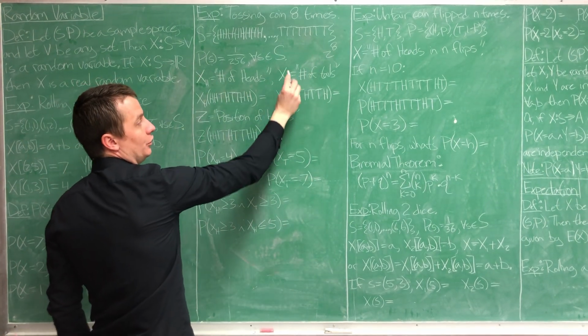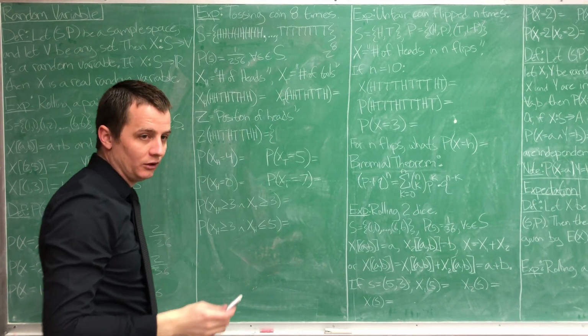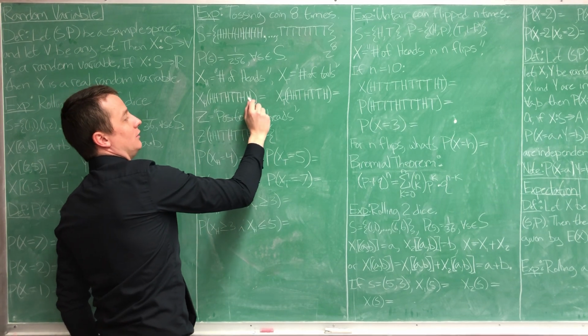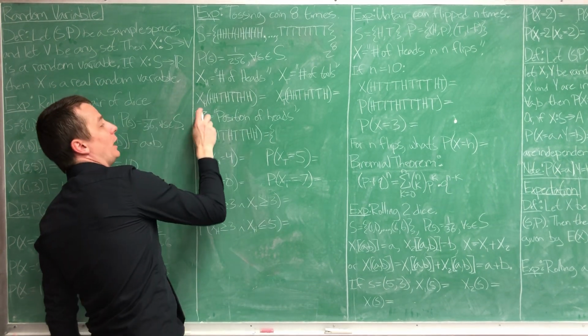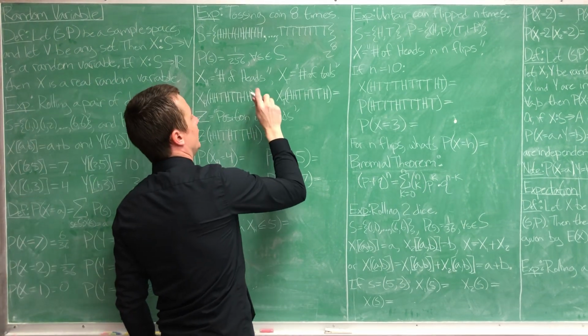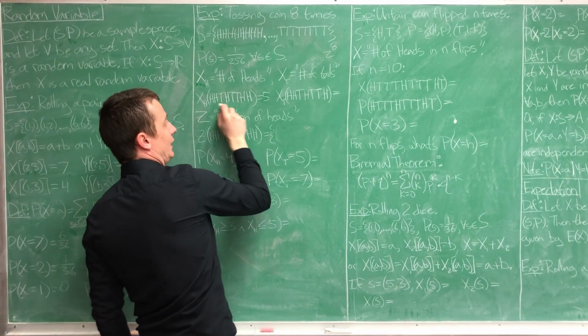And now I'm also going to use X of T for the number of tails. So if I pick some random element in here, let's say H, H, T, H, T, T, H, H, what number do I get when I plug it into X of H? 5, because there are 5 heads in there.